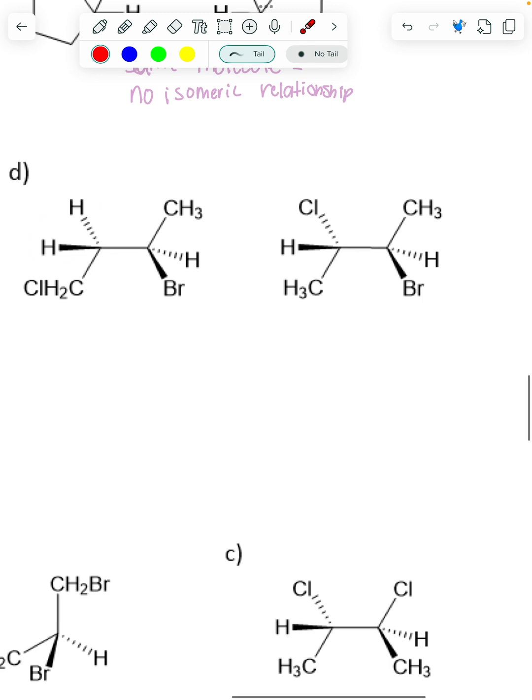We see that they have the same formula, but they have different connectivity. And we can tell this because on this molecule, the chlorine is by itself, whereas the chlorine is attached to a CH2 group. This makes these constitutional isomers because they have the same formula but different connectivity, and they are not enantiomers, diastereomers, or meso compounds.